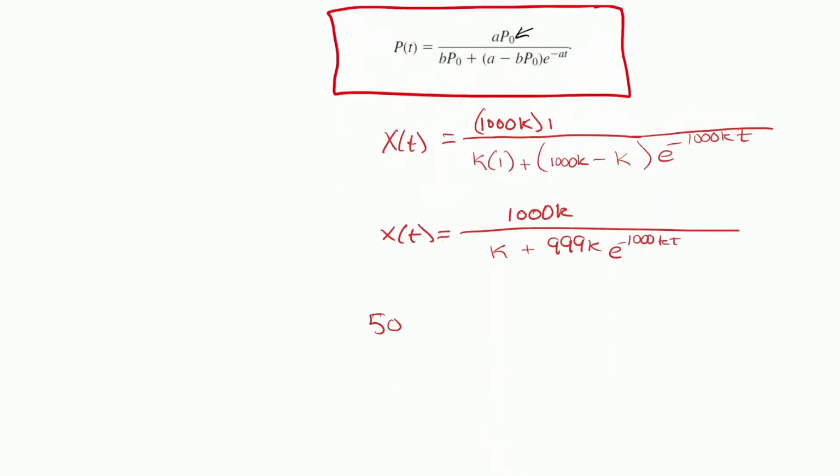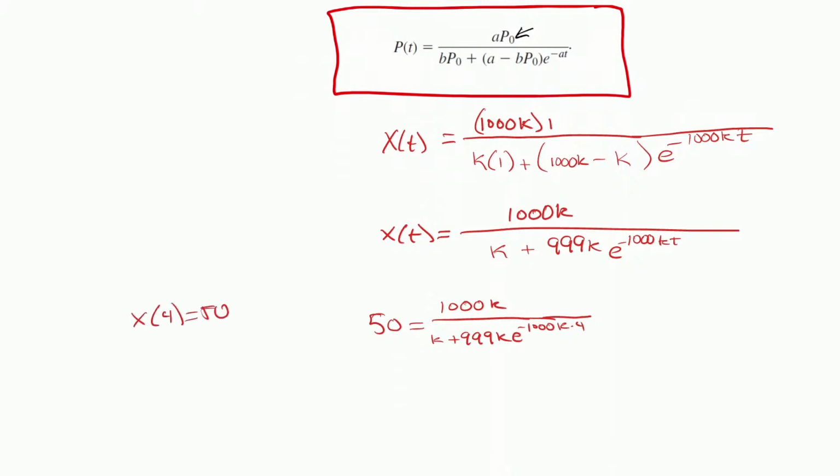So 50 should equal 1000k over k plus 999k e to the negative 1000 times k times 4. Just so you know, that's x of 4 is equal to 50.